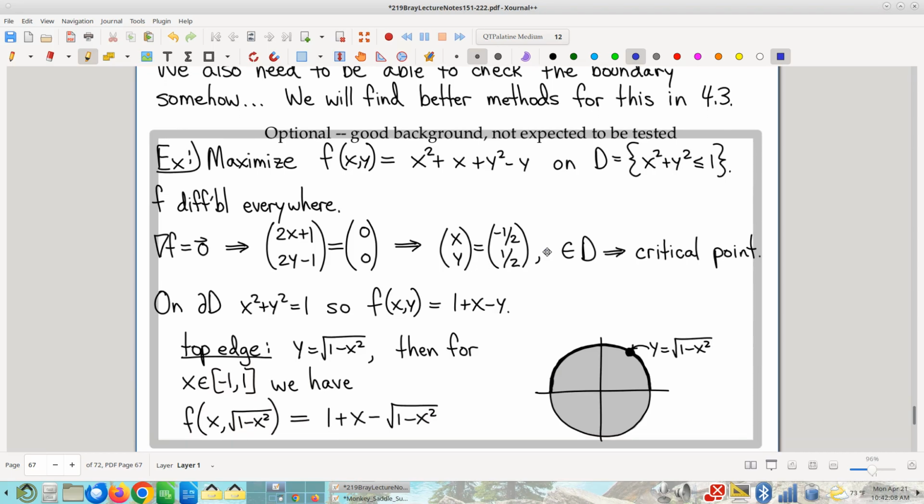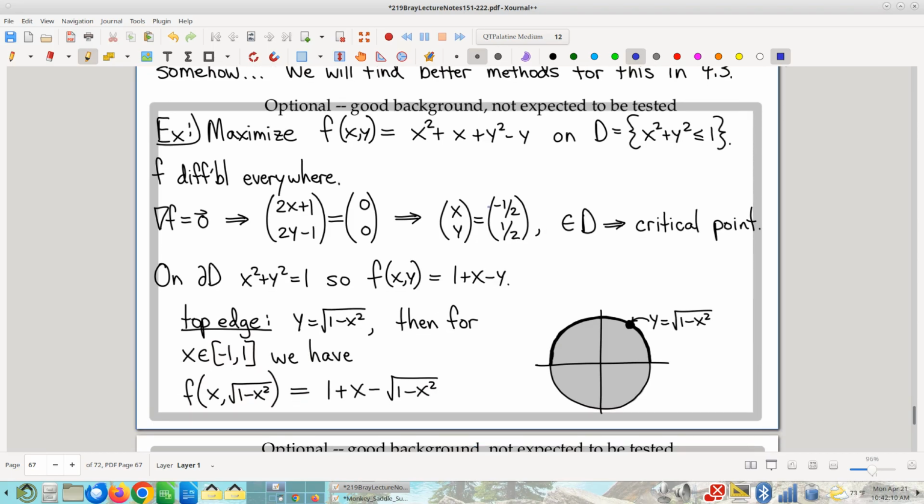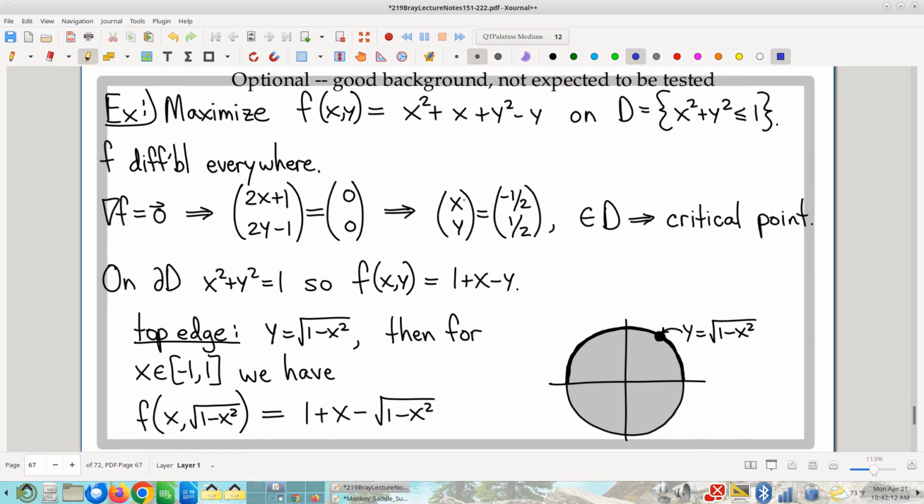So, this brings up an ugly question, and that is, okay, so it's possible that if our set has boundary points, it's possible the maximizer is on the boundary. How would we find a maximizer on the boundary? How would we find such candidates? How would we identify critical points on the boundary? And it is a completely different deal. The gradient does not have to be 0 on the boundary, right?